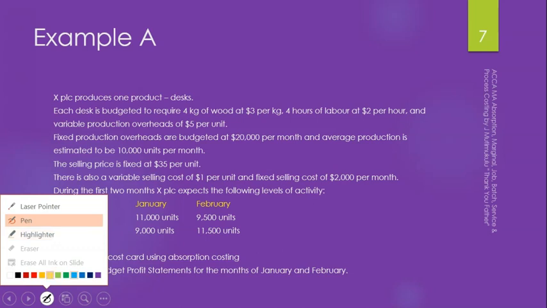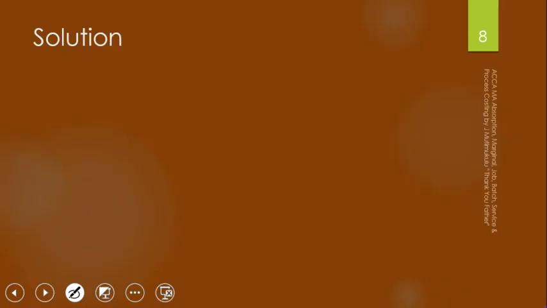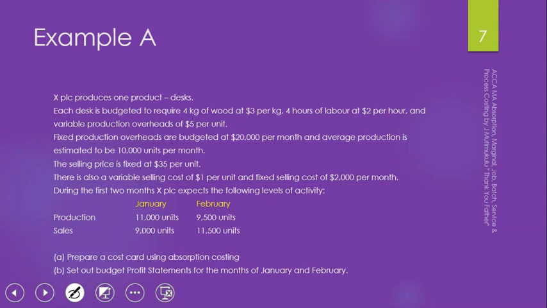Let me try to change a pen here. Okay, so we are given the information about X PLC, which produces one product, desks. Each desk is budgeted to require 4 kgs of wood at $3 per kg, 4 hours of labor at $2 per hour, and variable production overheads of $5 per unit.